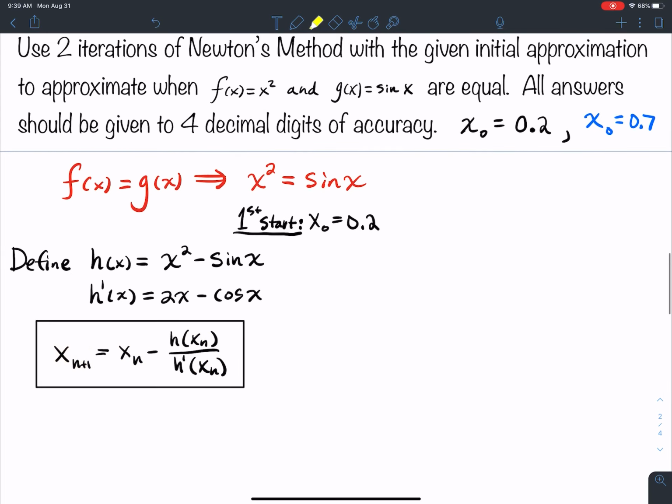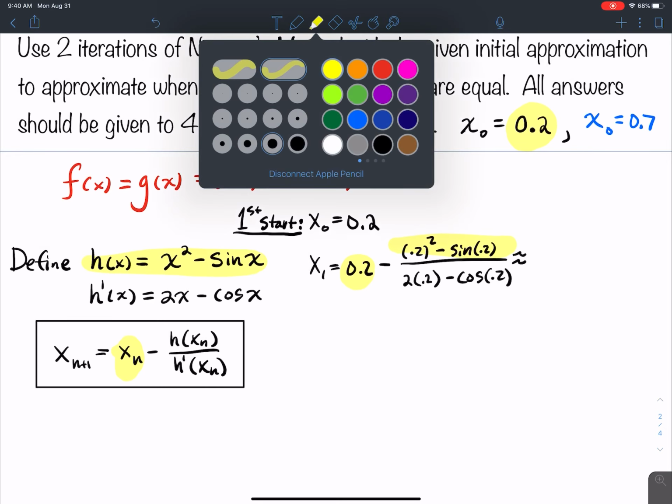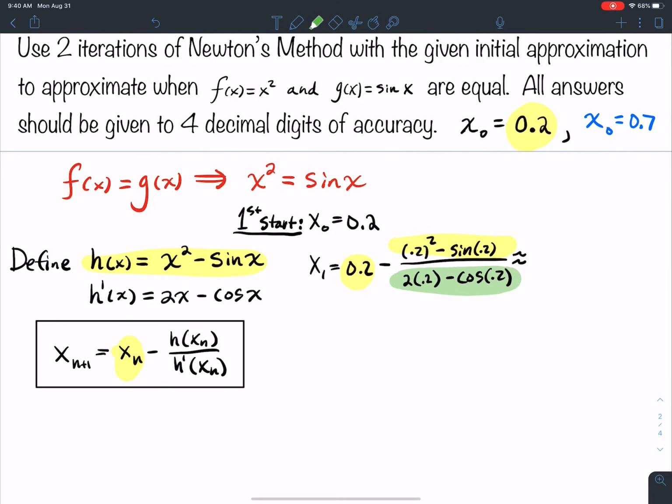Okay, so let's do that for this first x naught. If I plug into my formula the h here and the h prime here for the 0.2, and run through that math, I get negative 0.07353.